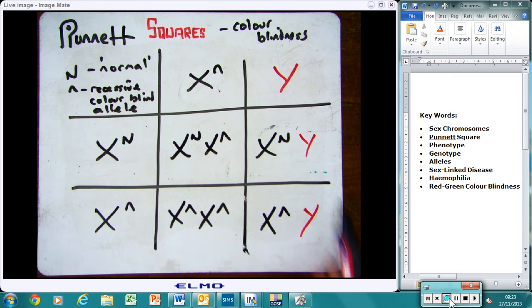So as you can see from this, the actual chances of the male being colourblind is exactly the same, but this time you've got a 50-50 chance of the female having it and a 0% chance of the person not being a carrier. If you need any more help on Punnett squares and on this information, just let me know.